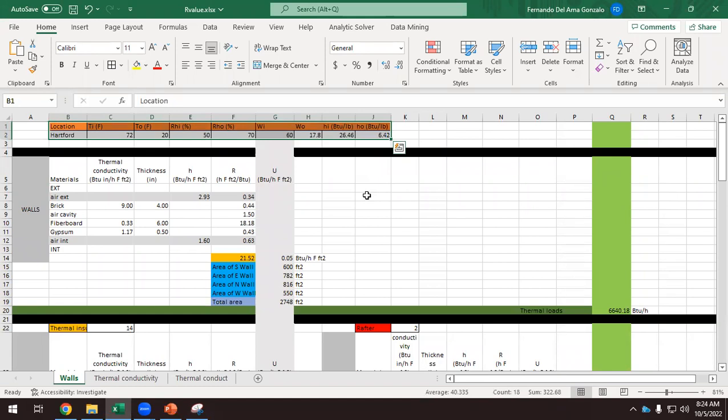You can ask me, is there a way, it would be great if we just type the relative humidity and the temperature, is there a way to get, or can we apply a formula to get the wet bulb temperature and the enthalpy? There is.